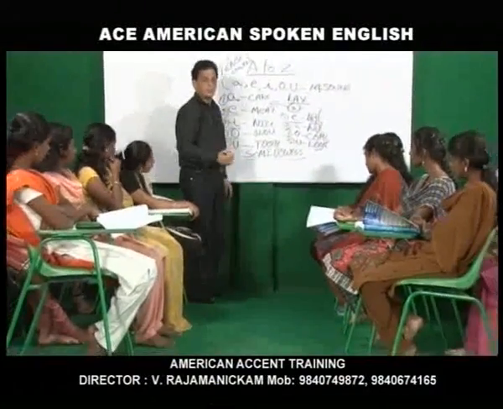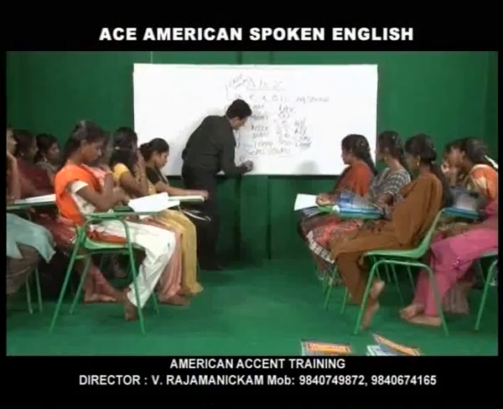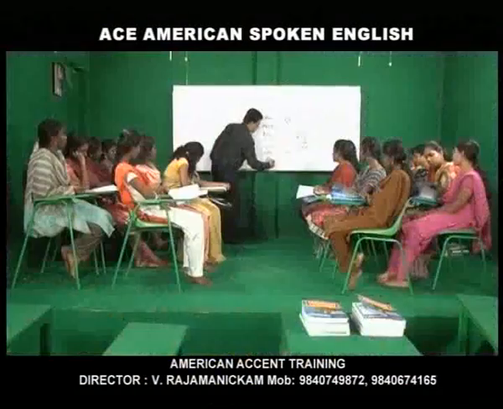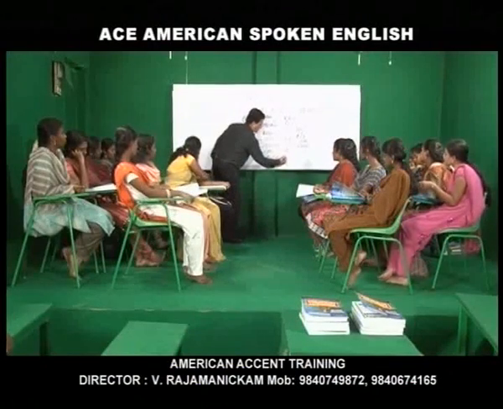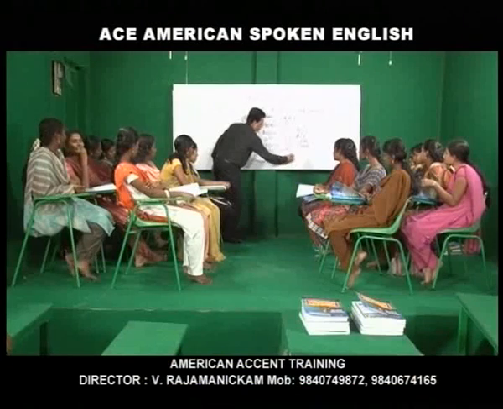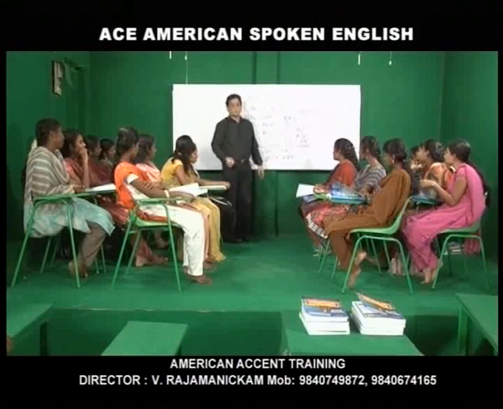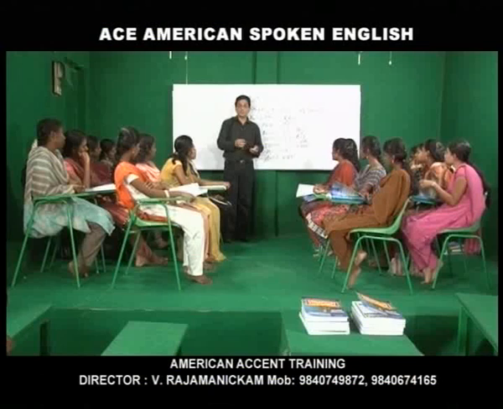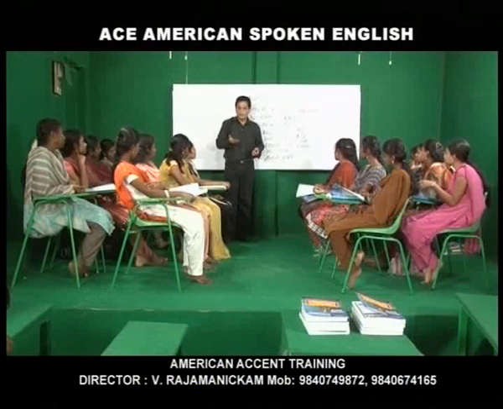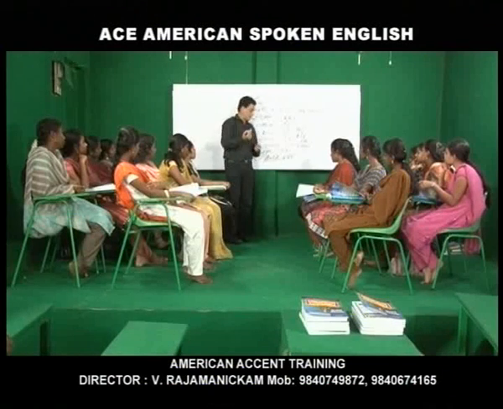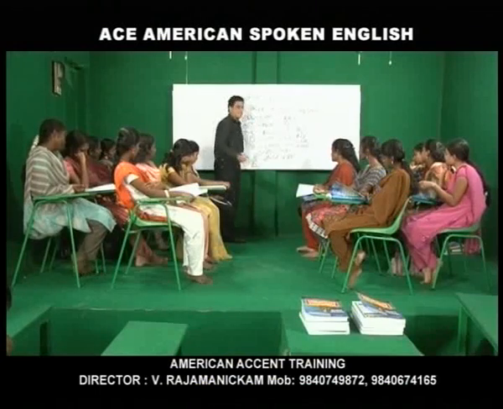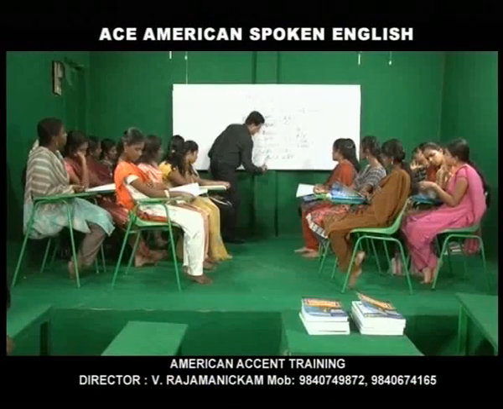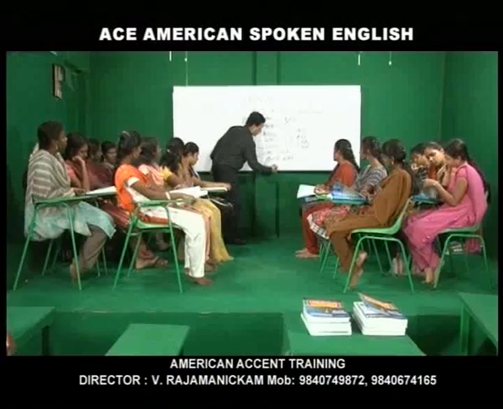Number 1 is R. How do you pronounce R? You say A or A plus ir. Then you get the sound R. So R is a semi-vowel because you start with a vowel. The second letter is L. How do you pronounce L?